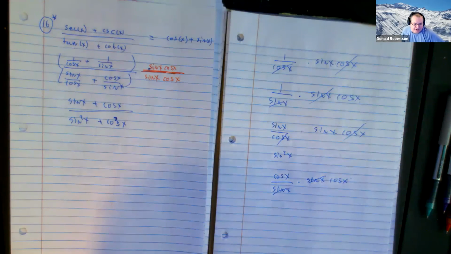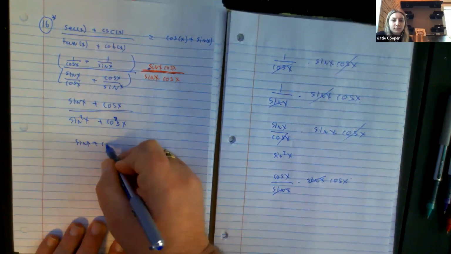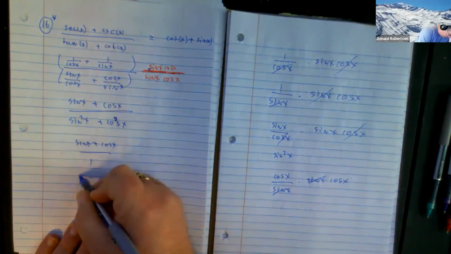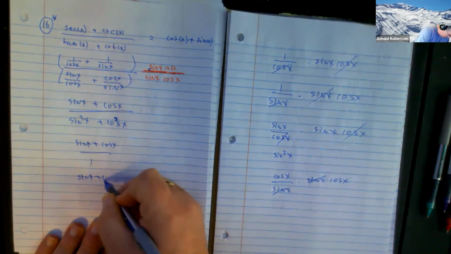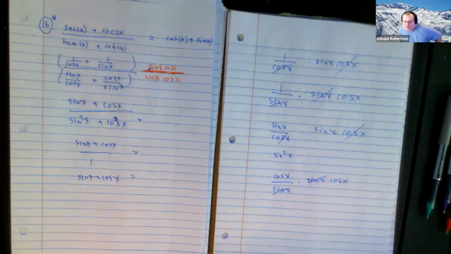So far, so good. So it's just sine plus cosine over 1. Which of course is just sine x plus cosine x. And isn't that what we were trying to prove in the first place? So we're finished.